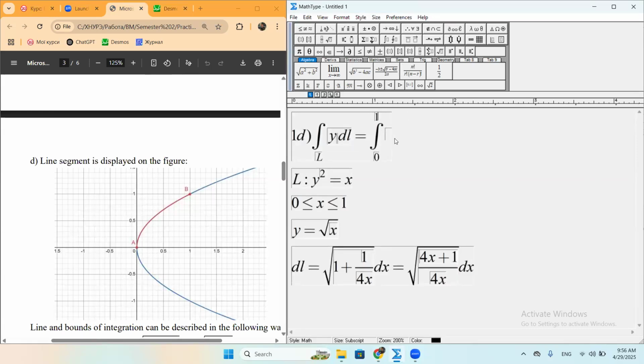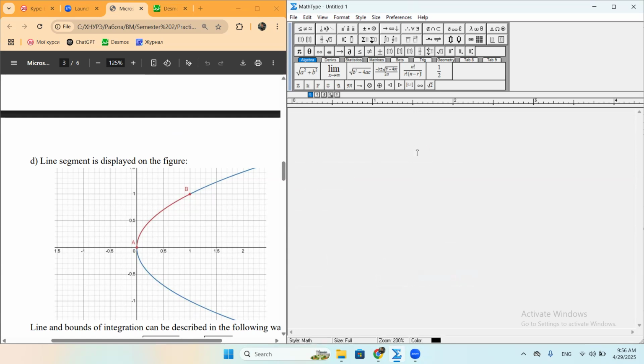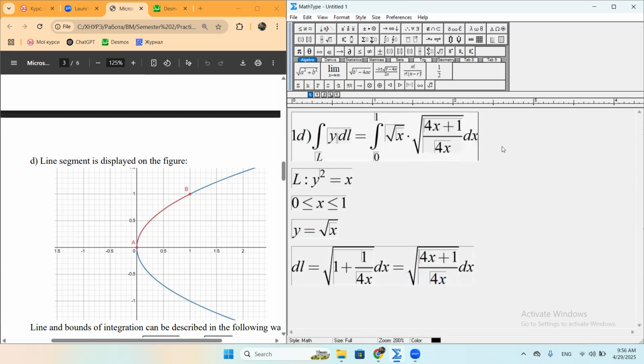From 0 to 1, square root of x multiplied by this square root, dx. So what can we simplify here? We can eliminate square root of x.